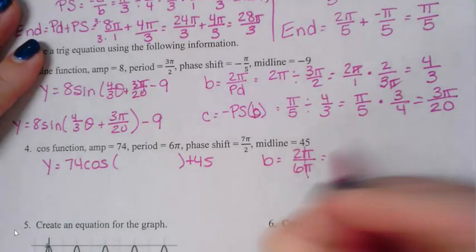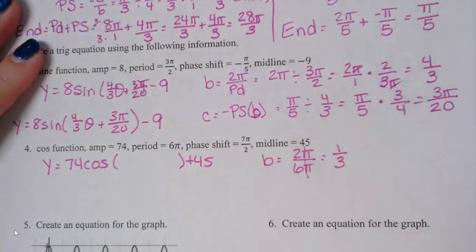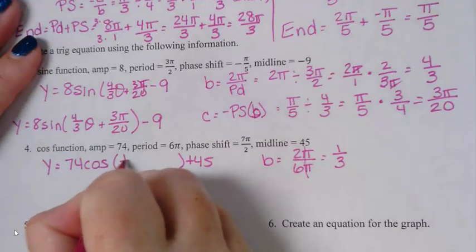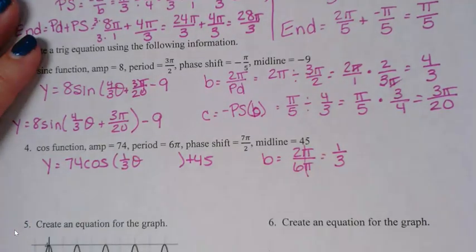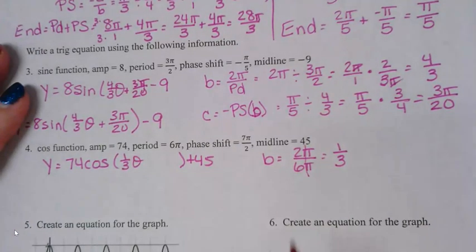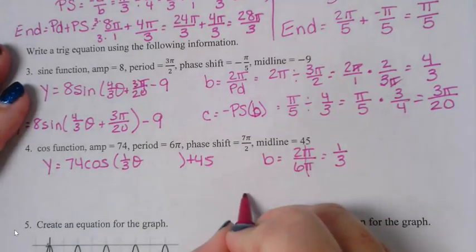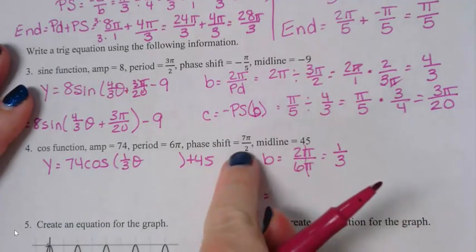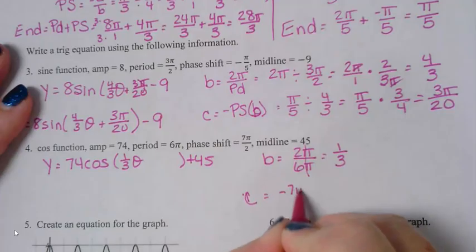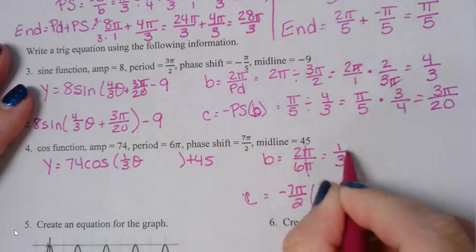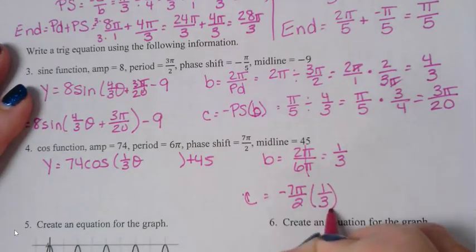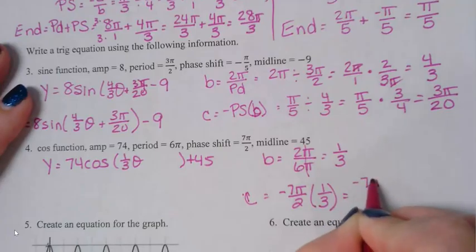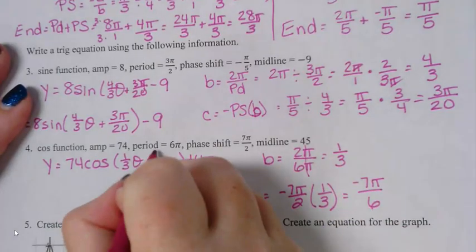The pi's cancel and we can reduce to 1 over 3. So 1/3 theta. C equals negative phase shift, so negative 7 pi over 2 times b, which is 1/3. And all we can do here is negative 7 pi over 6.